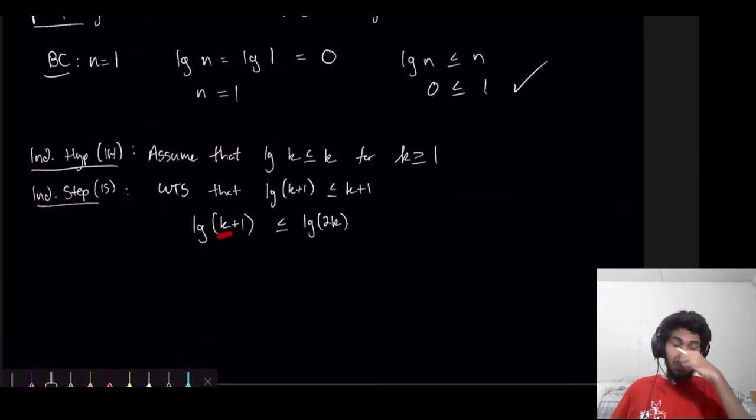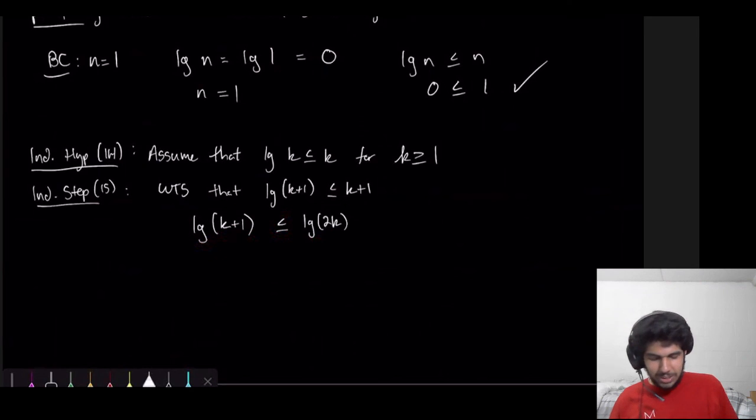Because if k equals 1, then on the left-hand side we have log of 2, and on the right-hand side we also have log of 2. But if k is like 3, then on the left-hand side we have log of 4, and on the right-hand side we have log of 6. So this 2k term grows quicker than the k plus 1 term, so the left-hand side will always be less than or equal to the right-hand side.